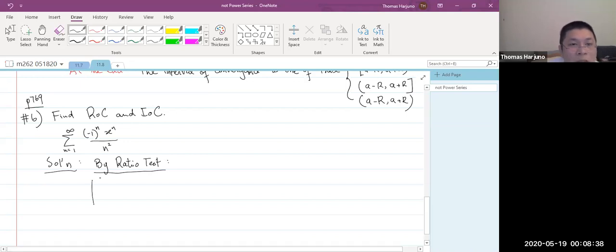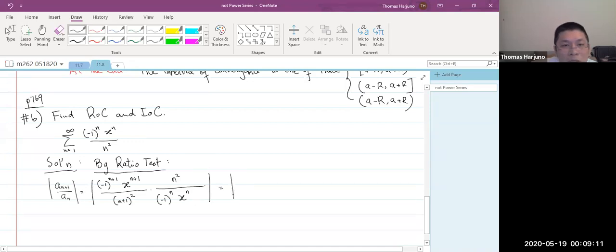Okay, so by the ratio test I get (-1) to the n plus 1, x to the n plus 1 over n plus 1 squared, times the reciprocal, (-1) to the n, x to the n over n squared. That's the ratio, which is equal to absolute of x times n squared over n plus 1 squared.